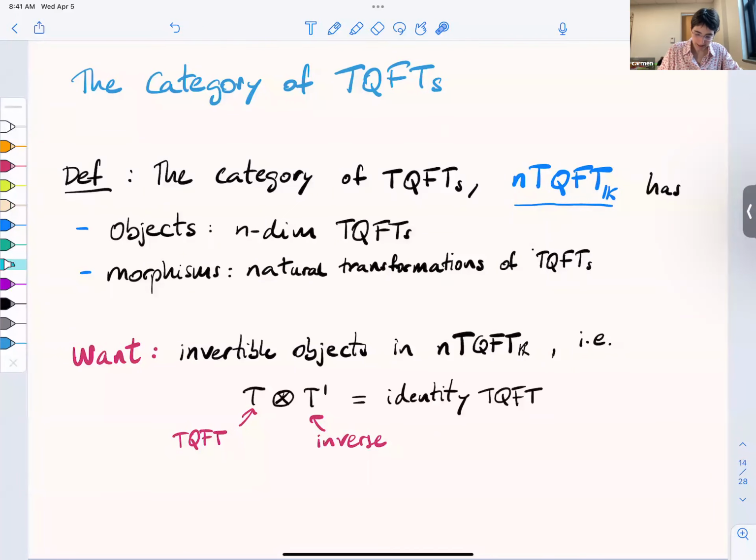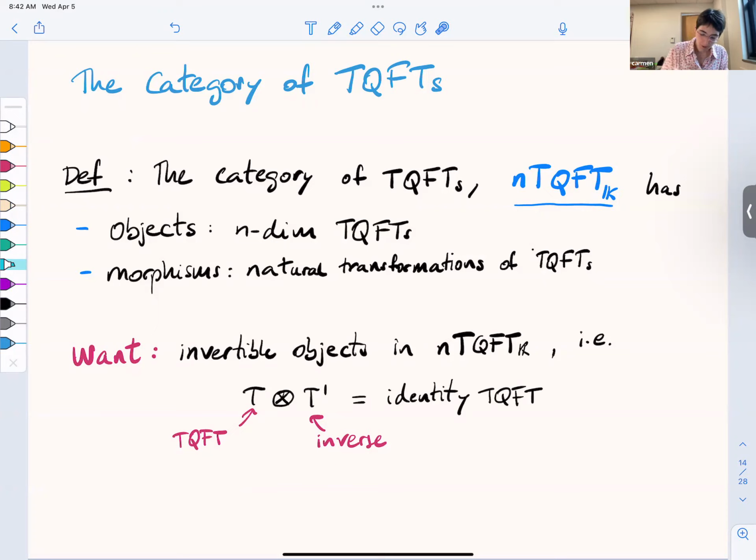So what are the objects in this category? The objects are going to be n-dimensional TQFTs. In the previous slides, we've been seeing what one TQFT looks like. Now you can define different TQFTs, and those are going to be the objects in this category of TQFTs.